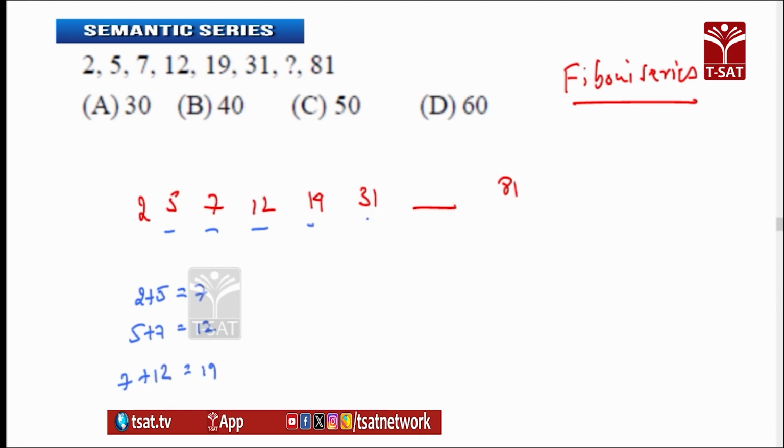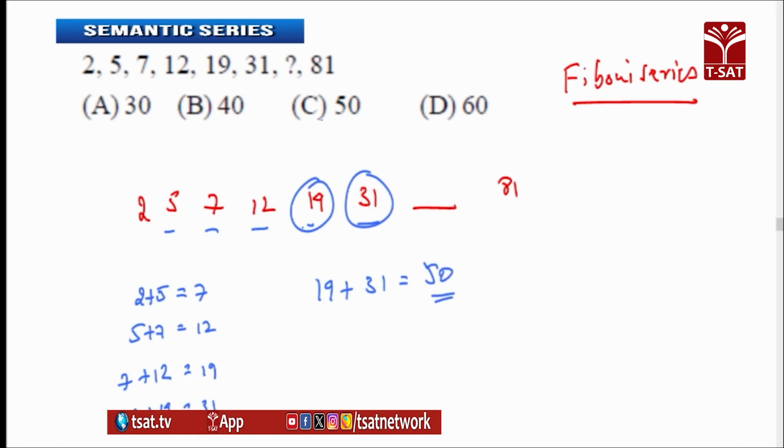Again, to get 31, we need to add 12 plus 19, we will get 31. In the similar way, to get the answer, we need to add 19 and 31. If you add 19 plus 31, you will get 50. So your answer is C. So now your answer is 50.